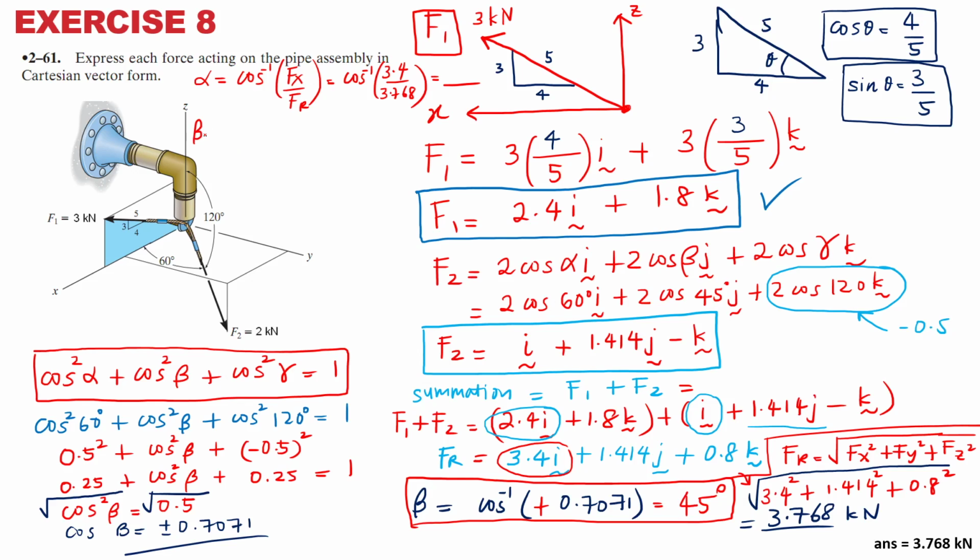After that, beta is cos negative 1 of Fy over FR, 1.414 over 3.768. Get the value. And finally, new gamma is cos negative 1 of Fz over FR. What is the value of Fz? If it's a negative value, put a negative value. This one is fortunately a positive value.